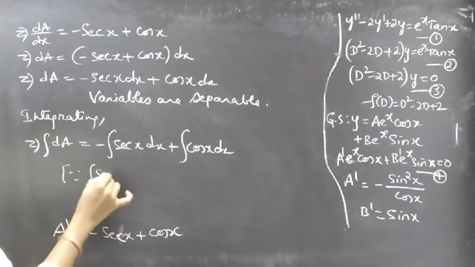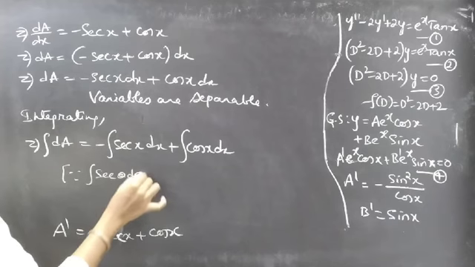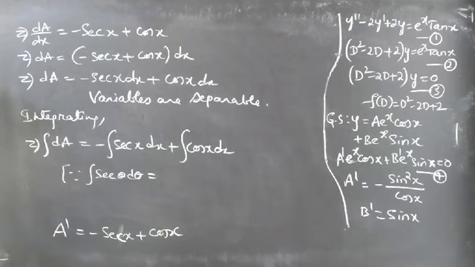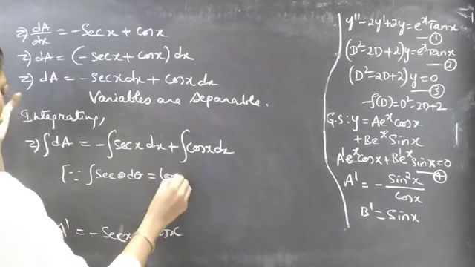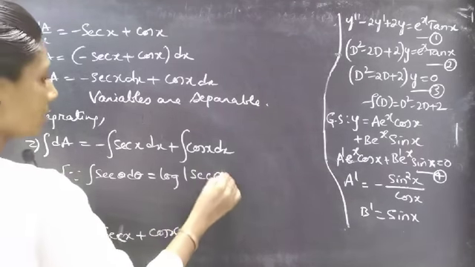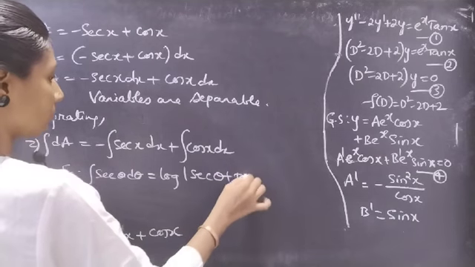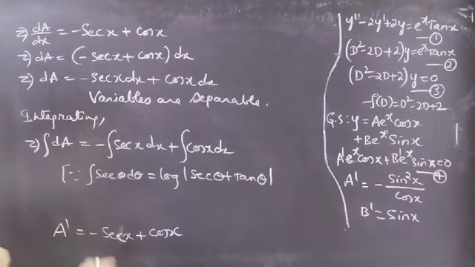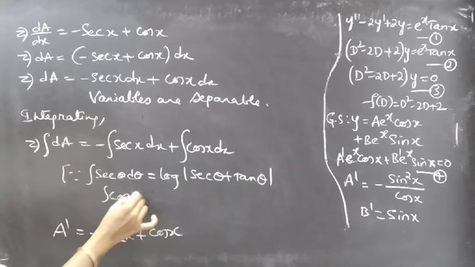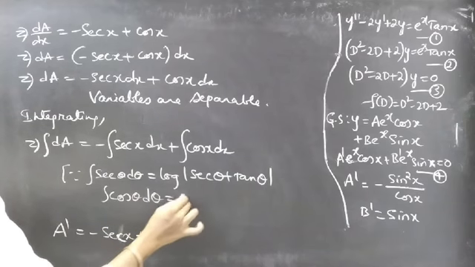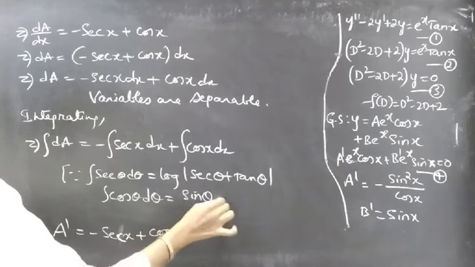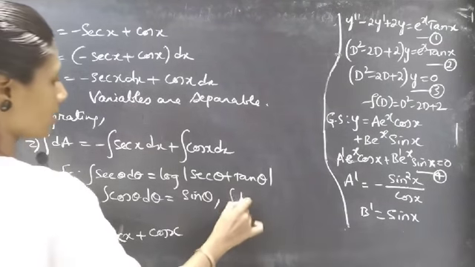Since we know that integral secant theta d theta equal to log mod secant theta plus tan theta, and integral cos theta d theta is sin theta, and integral d theta is theta.